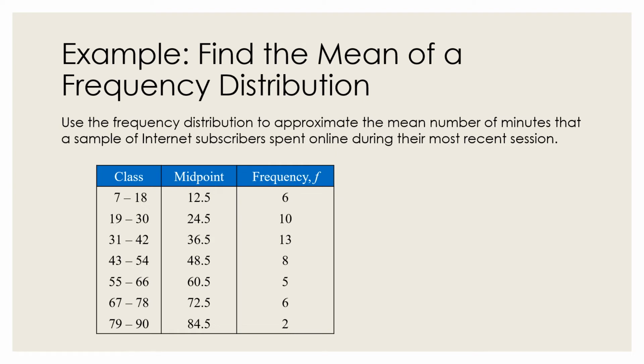All you have to do is add 18 plus 7, so we got 25, then divide by 2.